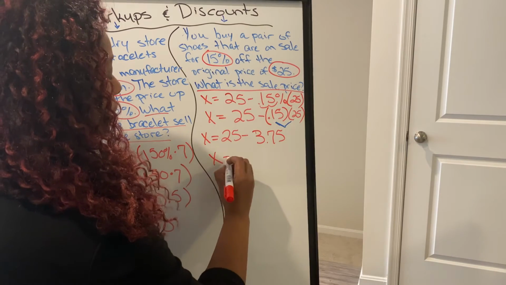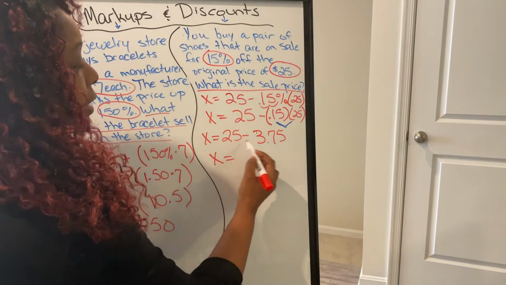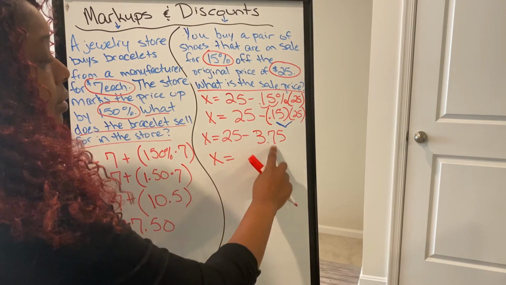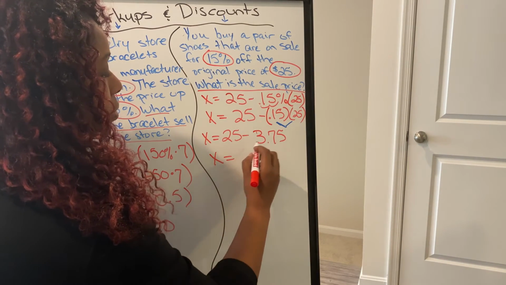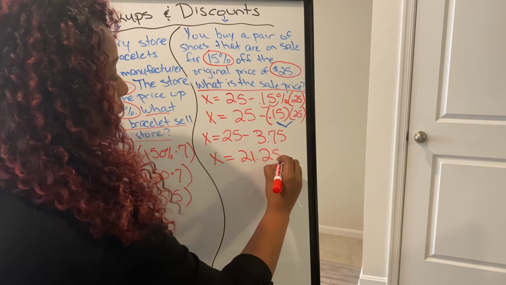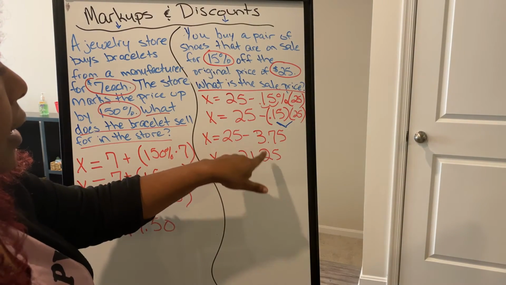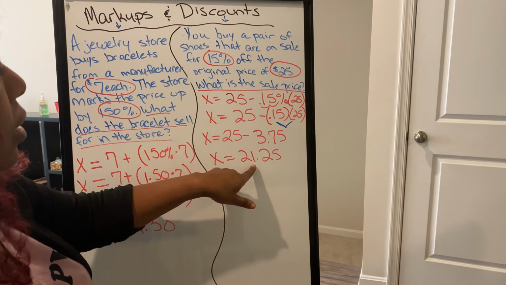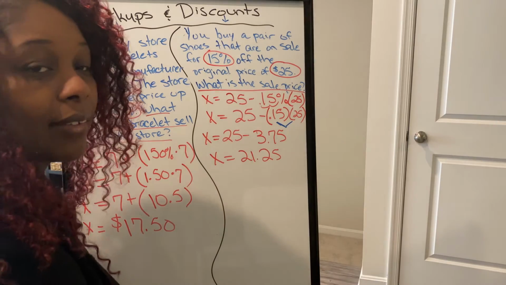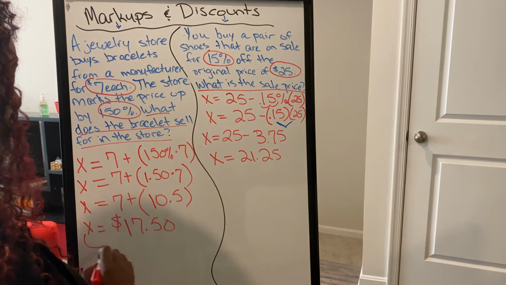So X, or my sale price, is going to equal this minus this. So this minus that should give you $21.25. Yep, 25 and 75 is $1, that takes it up to 4, add $4 to there, you get 25. Okay? So that is your final price.